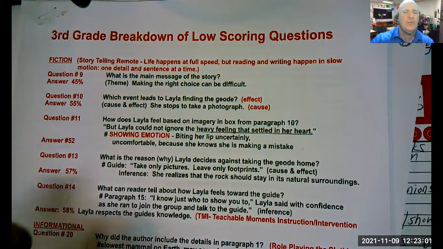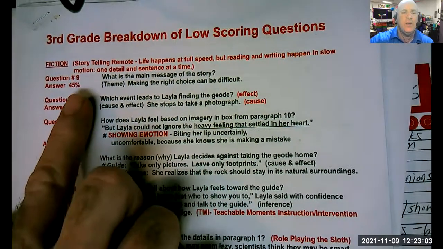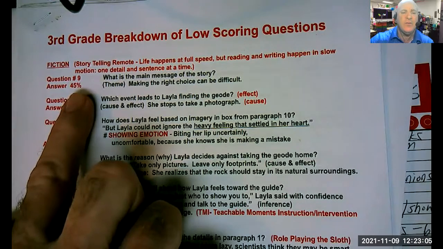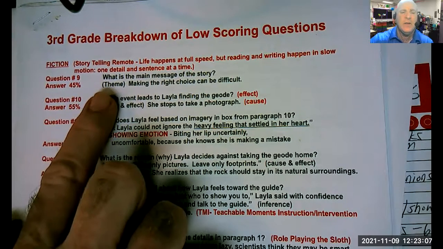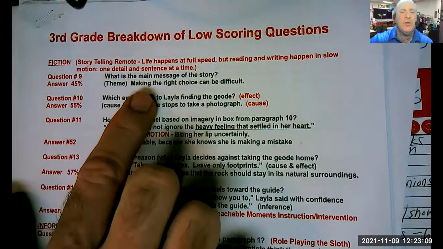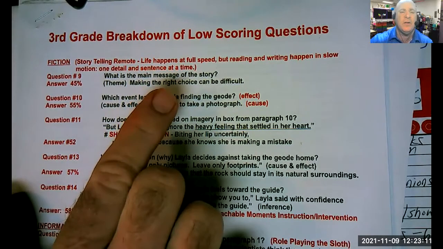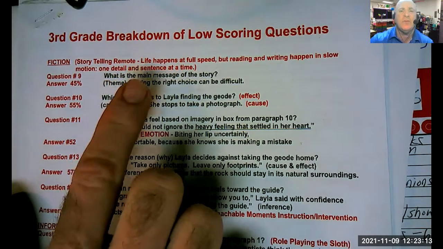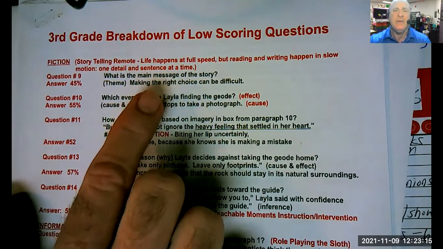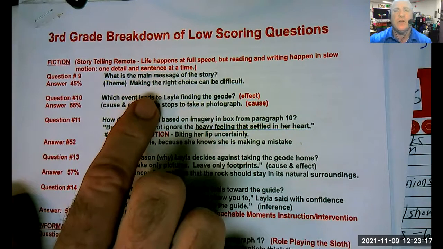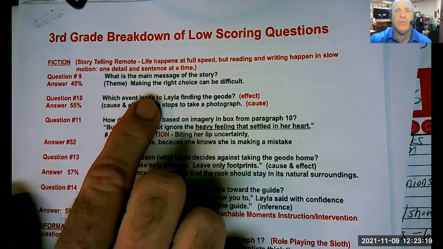As you can see, the question got 45% correct, and the answer was making the right choice can be difficult. So if you know the concept of a story, that in many stories, there's a conflict, which is a problem, and a resolution.